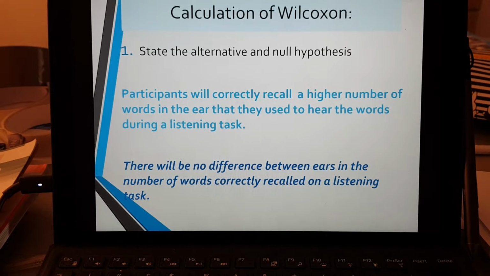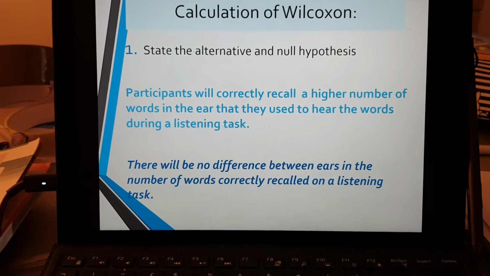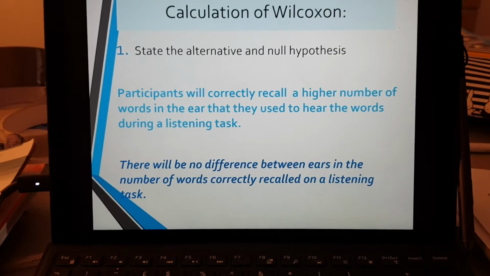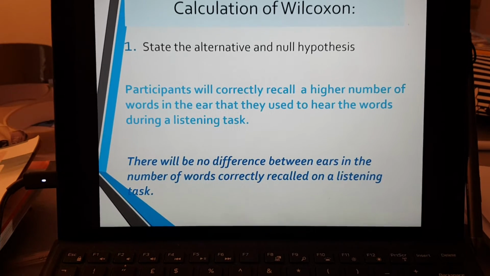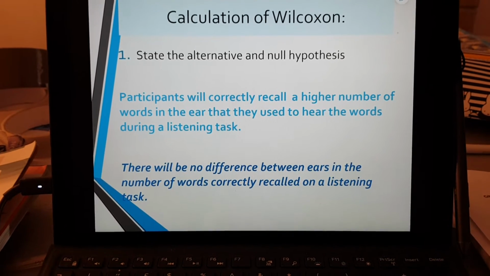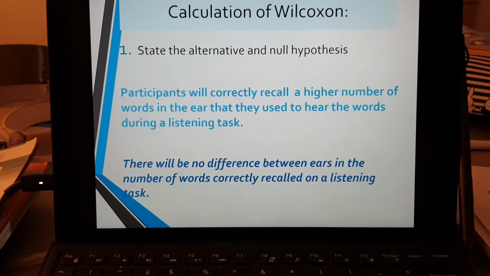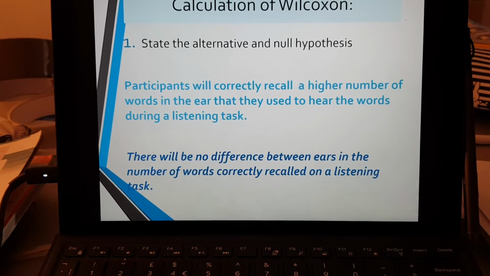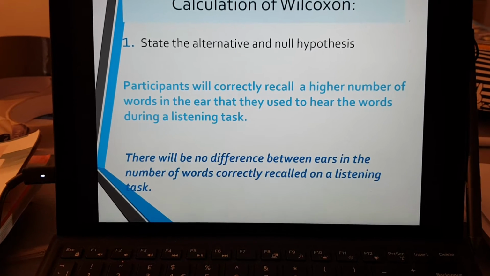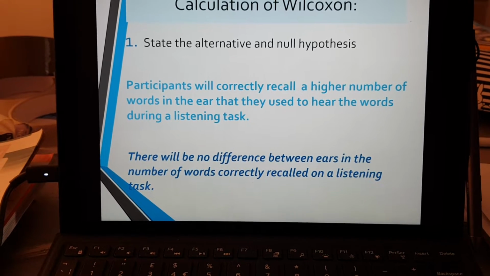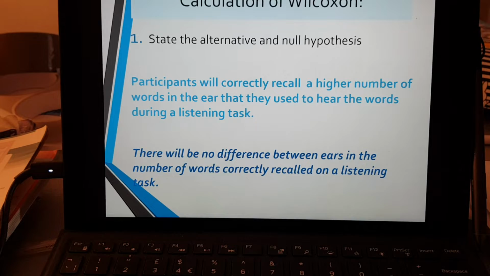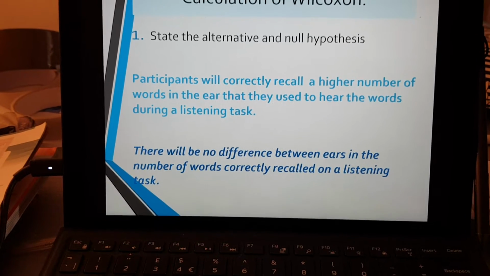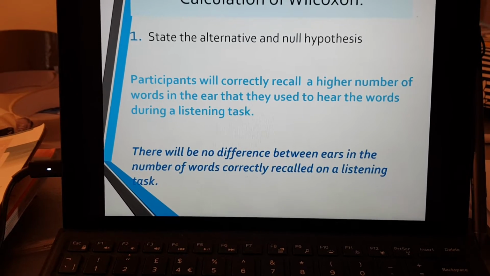So we have two hypotheses and we've got a dichotic listening task here, which you would have encountered in core studies. So what we're going to predict is a directional hypothesis. We've got a one-tailed hypothesis that's going to predict that participants will correctly recall a higher number of words in the ear that they use to hear the words during the dichotic listening task.